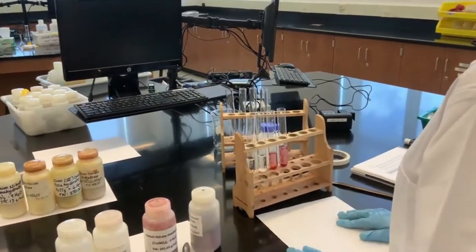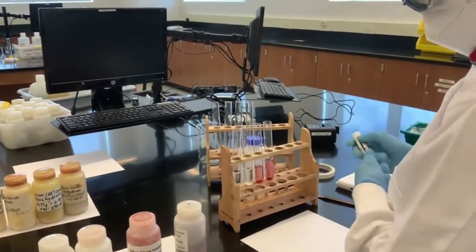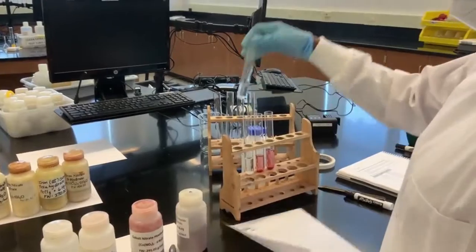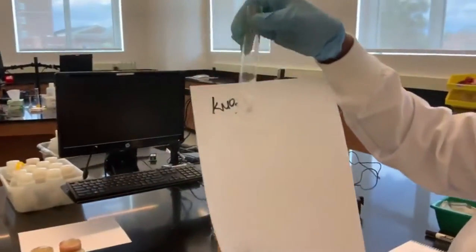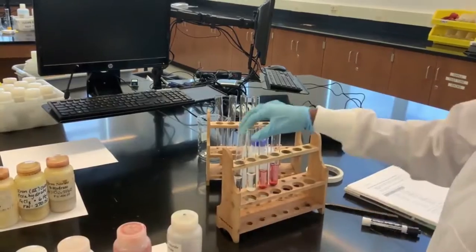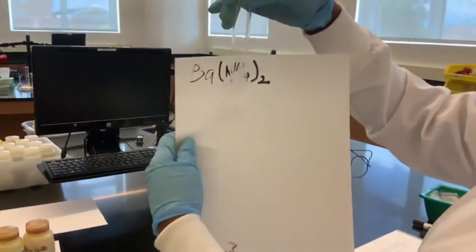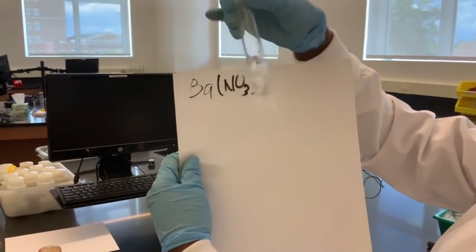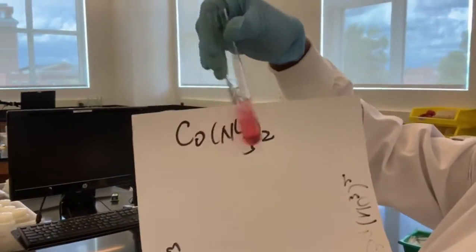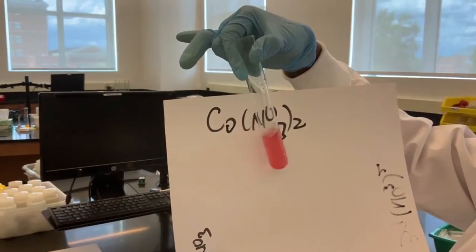So the first one, which is potassium nitrate, see its color, that dissolved in water. It's quite colorless, it's all dissolved. The next one is barium nitrate. It's also quite colorless. This is cobalt nitrate. You can see it's quite red.